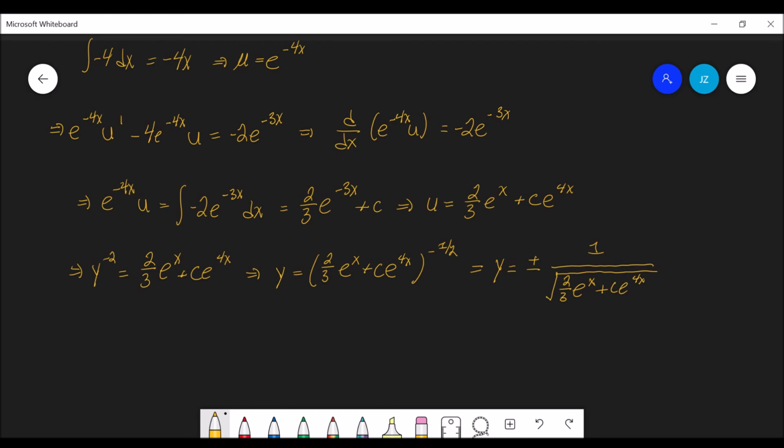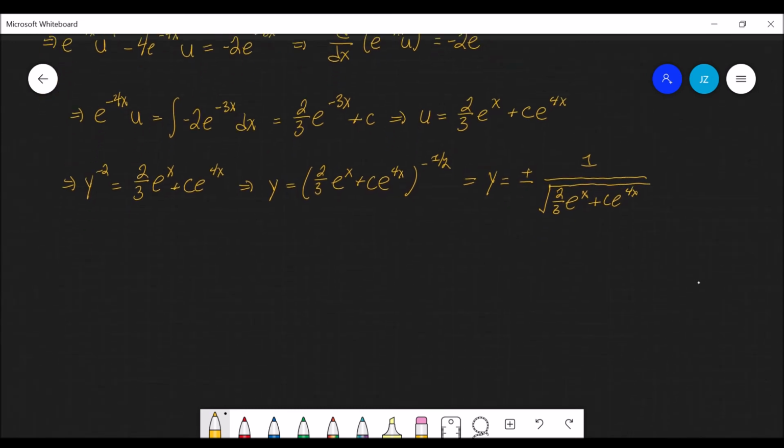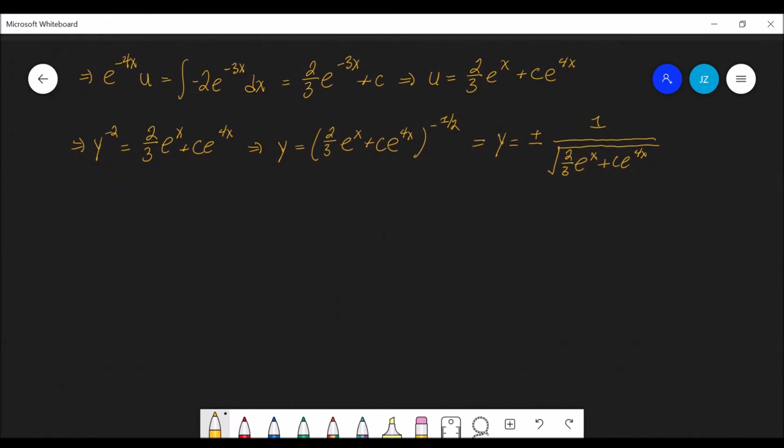We can now apply the initial condition, which was y of 0 is equal to 1. So we get 1 is equal to plus or minus 1 over the square root of 2/3 e to the 0 plus c e to the 0.